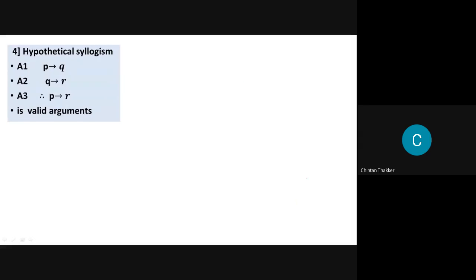Now similarly, the fourth one, hypothetical syllogism.